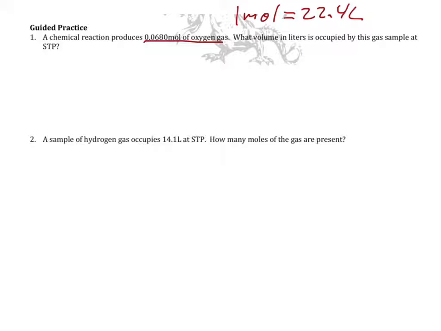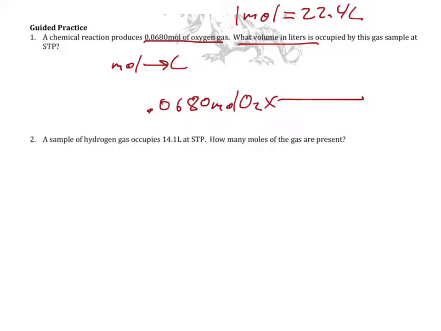But anyways, let's say that we're producing 0.068 moles of oxygen gas, and the question is, what is the volume in liters? We're given moles, and we can go from moles to liters. There's this many moles of O2, with moles of O2 on the bottom, and we go from moles to liters.